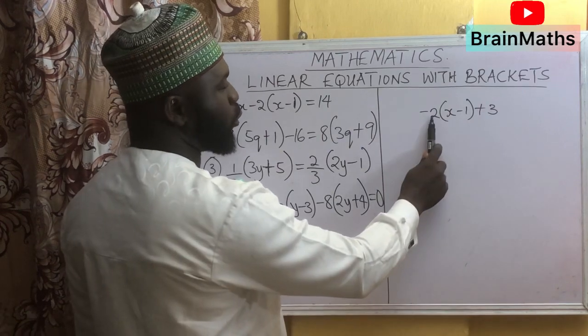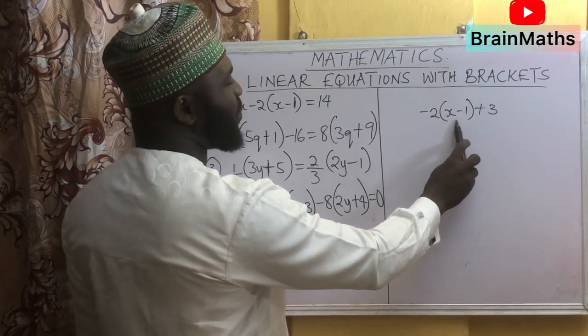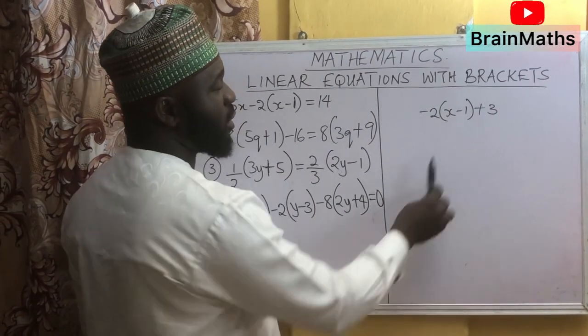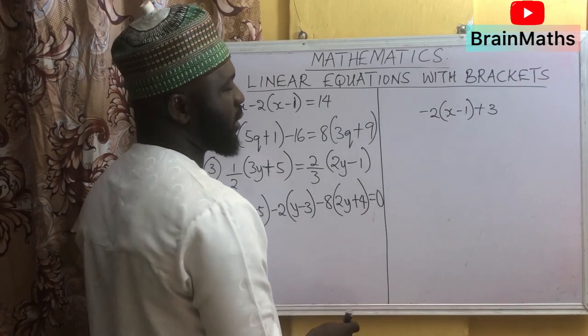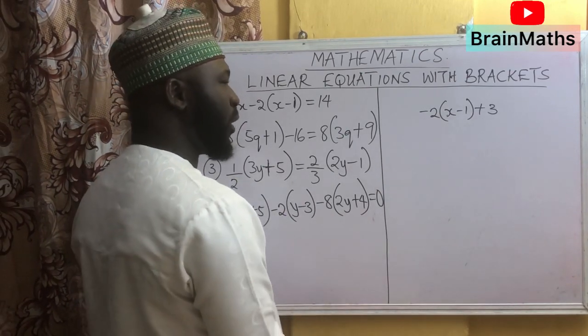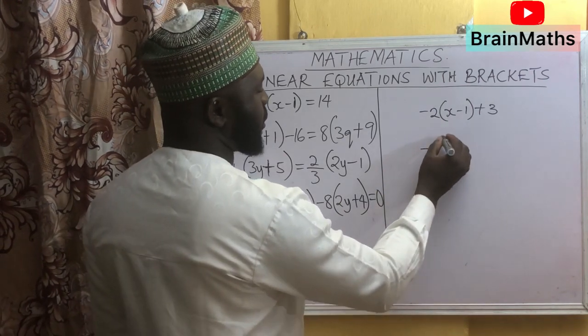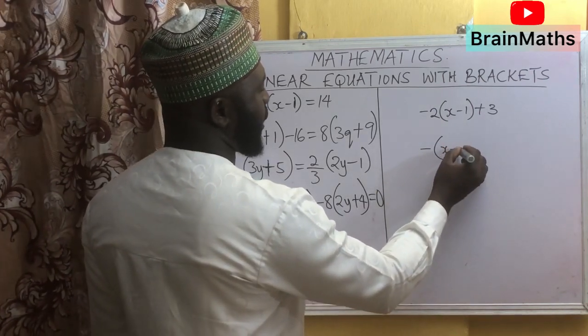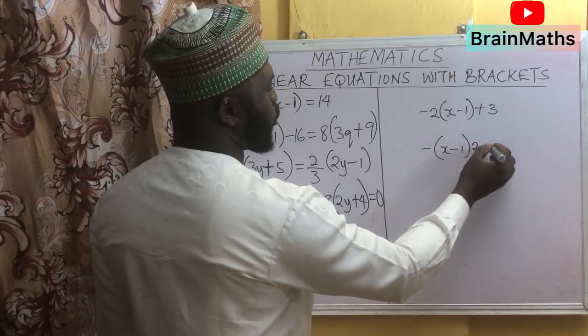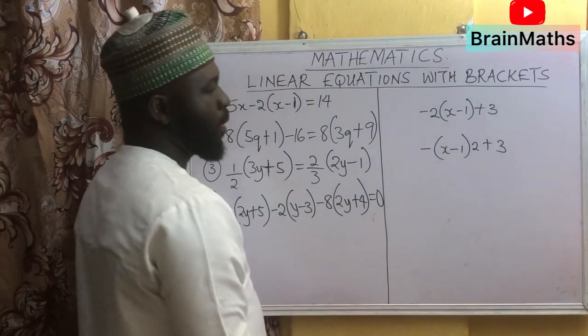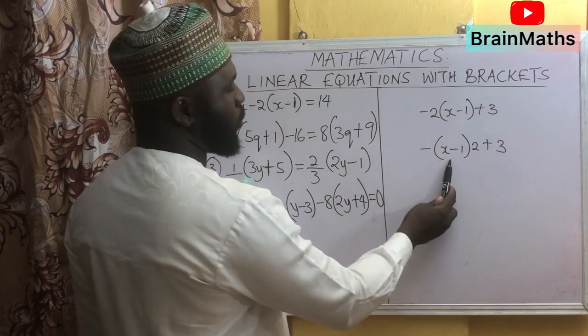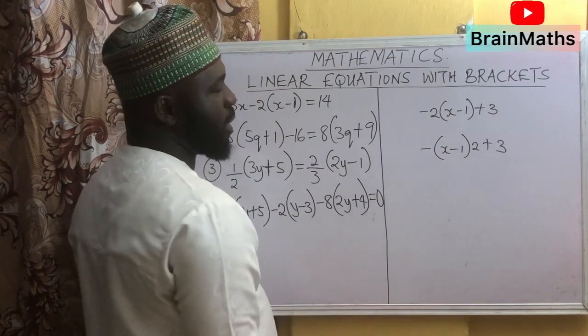And the minus 2 is going to multiply everything that is inside the bracket, not only the first letter or figure. And also, if we are given minus (x minus 1) 2 plus 3, what we have here and what we are seeing here are the same.